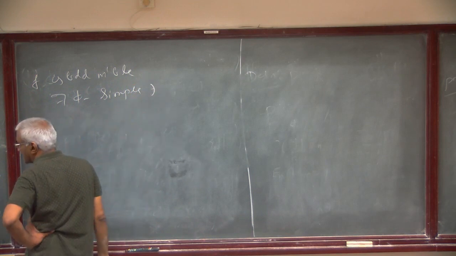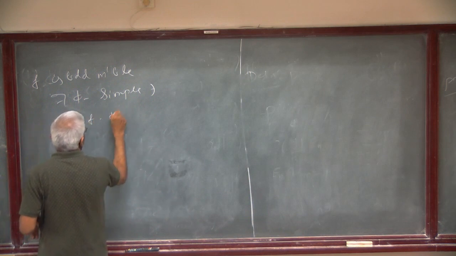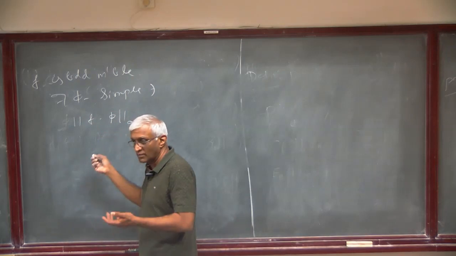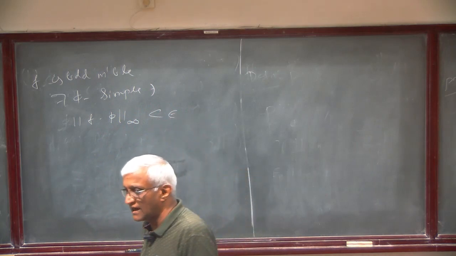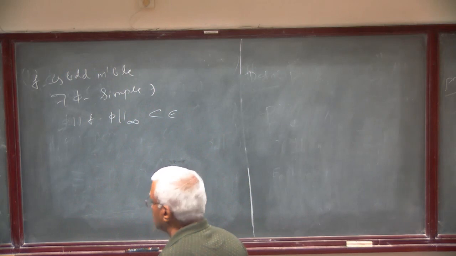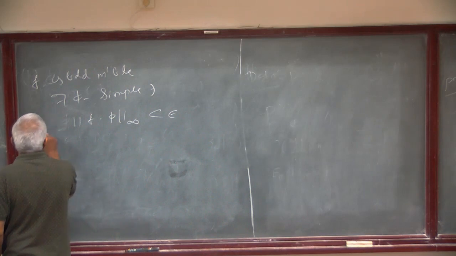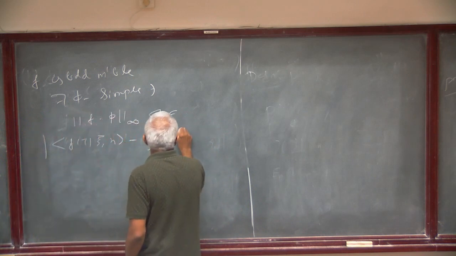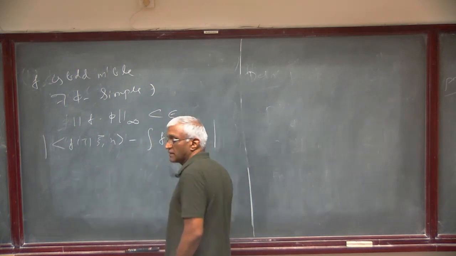such that the infinity norm of f minus phi, the pointwise supremum, is less than epsilon. These are all bounded functions, so you can talk about the infinity norm. Now you want to prove that the inner product of f of t xi, eta minus the integral f d mu xi eta, you want to talk about this modulus.